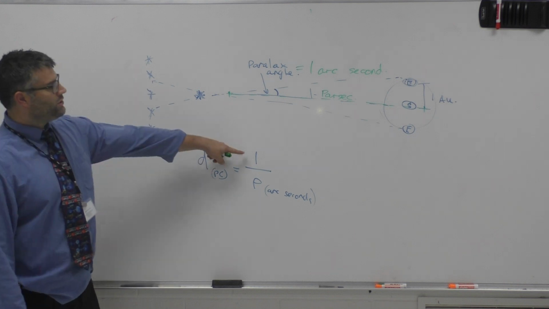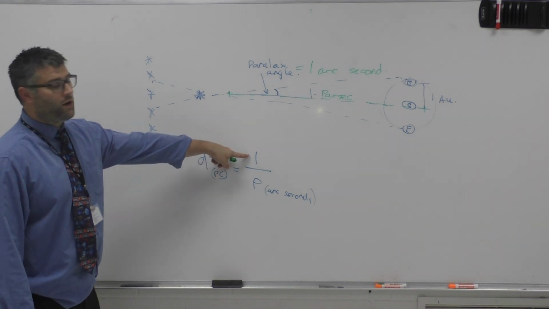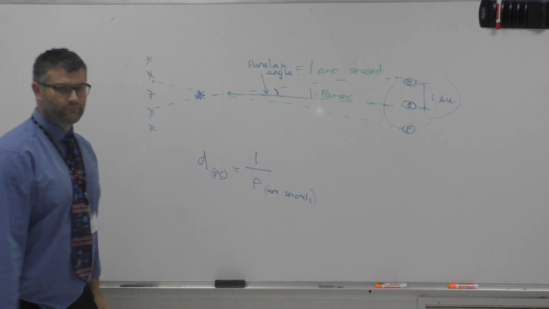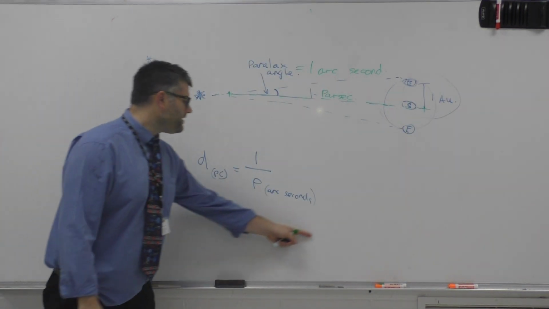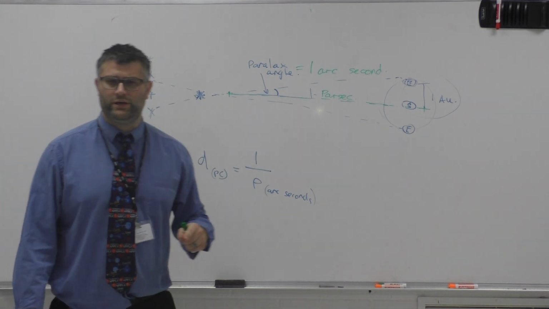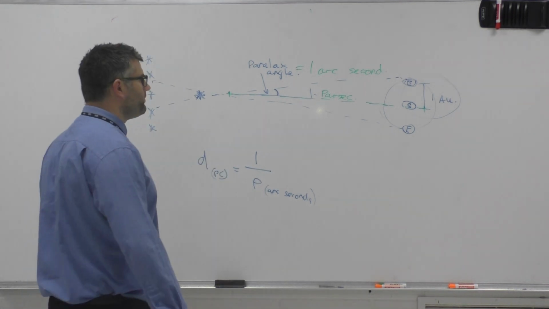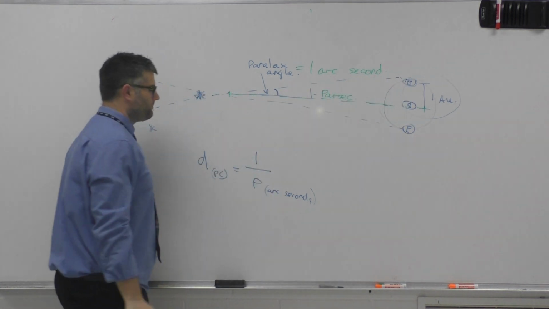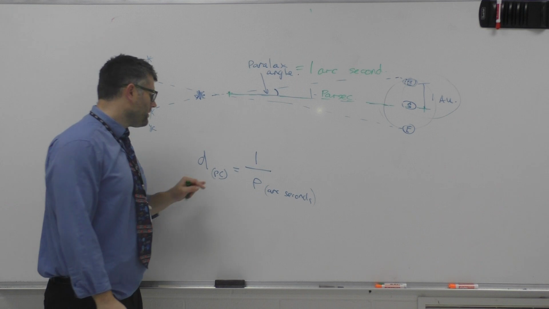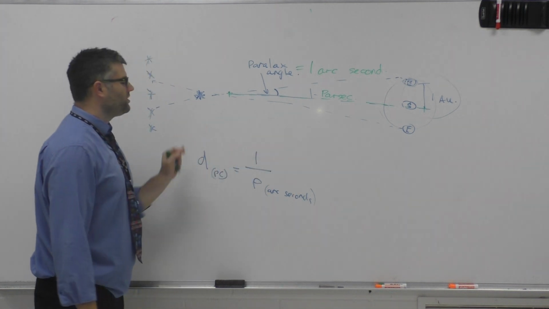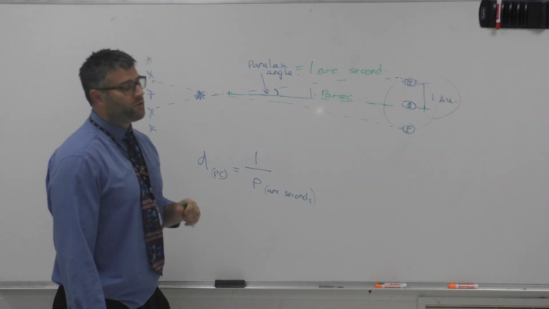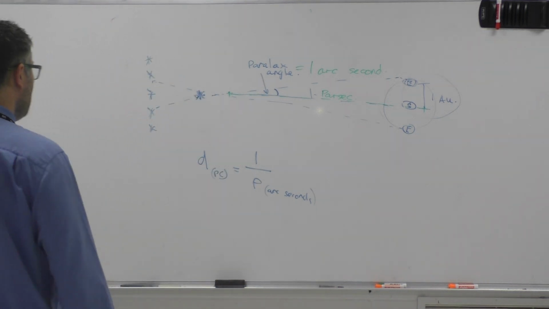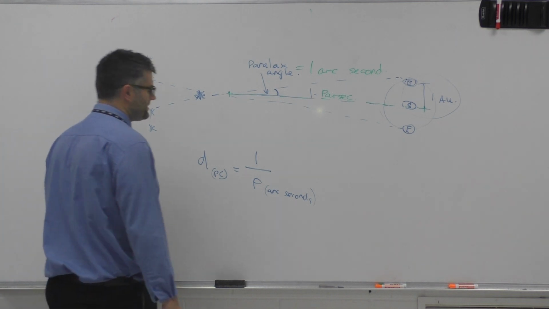Interestingly enough, you might notice where this 1 has come from. This 1 has come from 1 AU. And this equation is actually derived out of trigonometry. Those of you who are savvy will notice that this is a right-angled triangle. So this equation comes out of trigonometry and small angle approximations for trigonometric functions. So we don't need to worry too much about that at this stage.